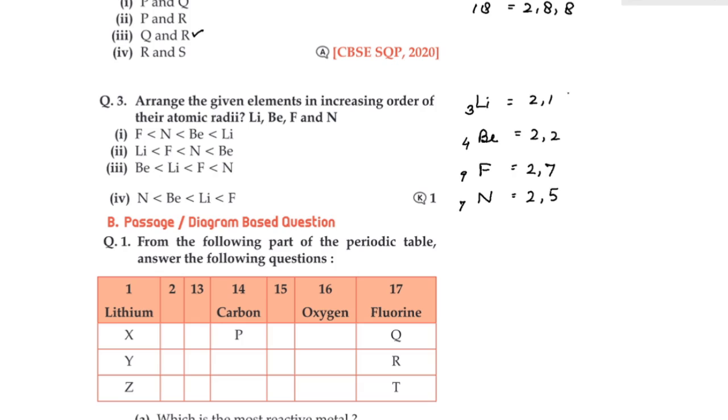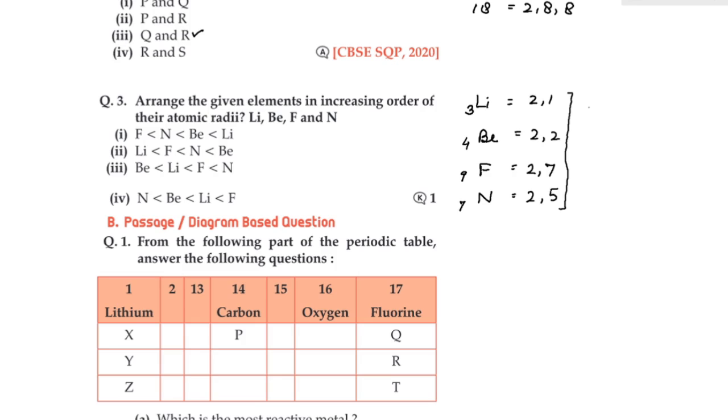So as you can see, they all have only 2 orbits. Now they are in the same period, that is the second period. When we move left to right in a period, the atomic size decreases because nuclear charge increases.